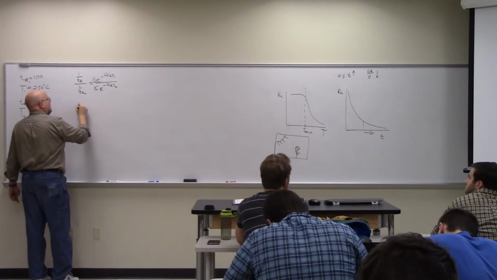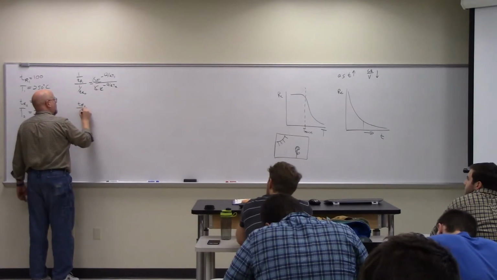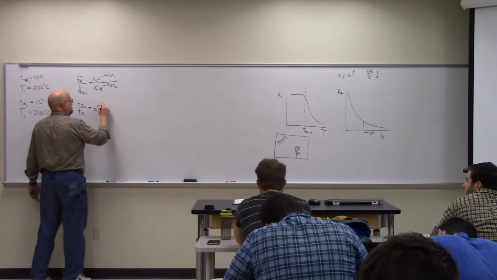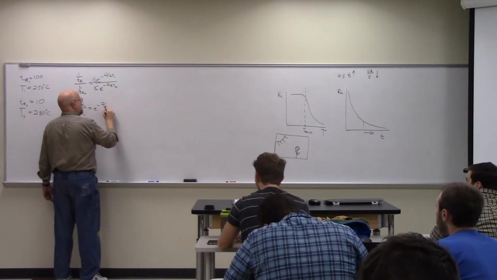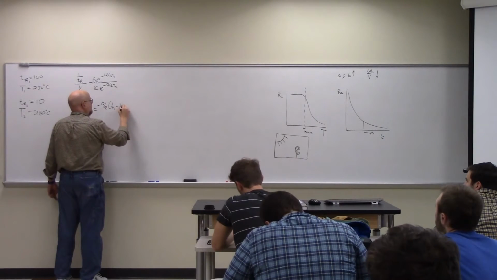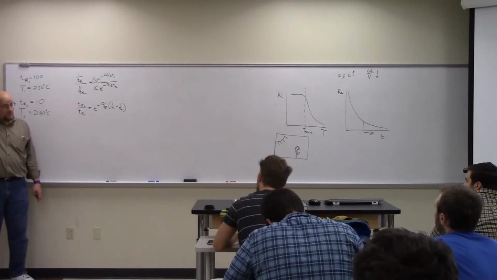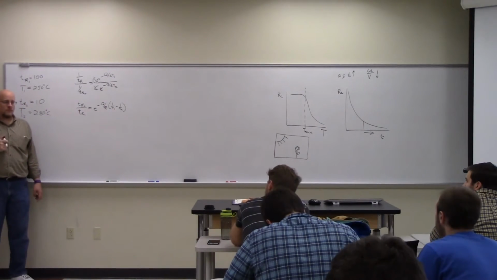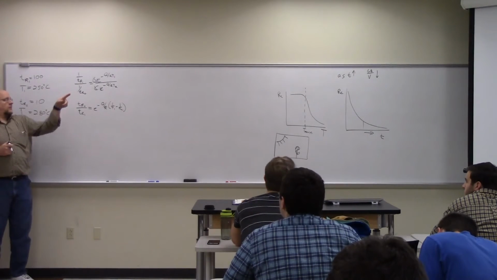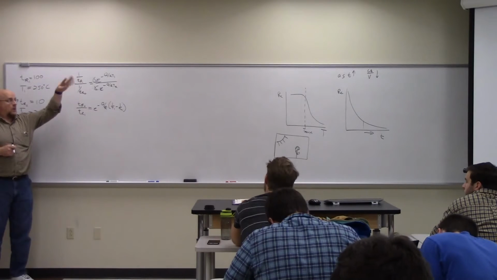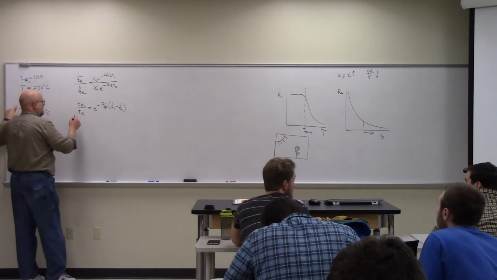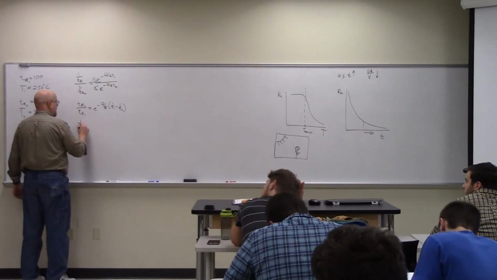The Cs cancel out, so we have TR2 over TR1 equal to e to the minus Q over R times (1 over T1 minus 1 over T2). And I didn't have to convert my times because I'm taking a ratio, so I can leave them in hours.